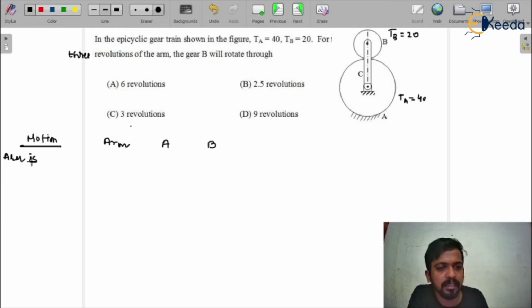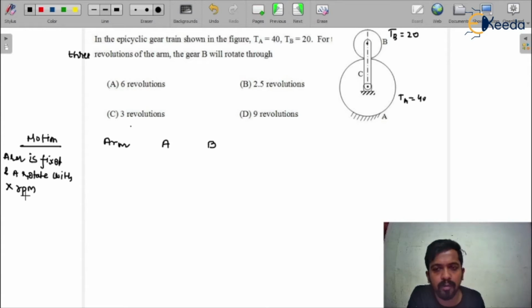Here I can write the first case: the arm is fixed. This is a similar procedure. Arm is fixed, and the other assumption is that A rotates with x rpm, plus x rpm. I'm writing plus x to mean x rpm in the clockwise direction.